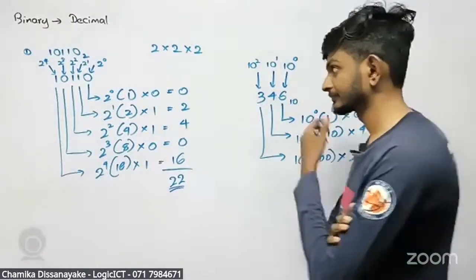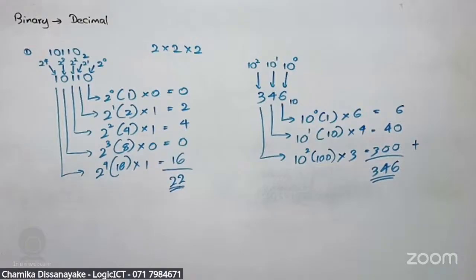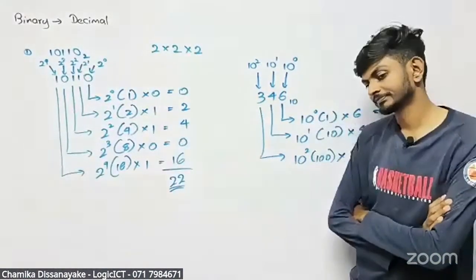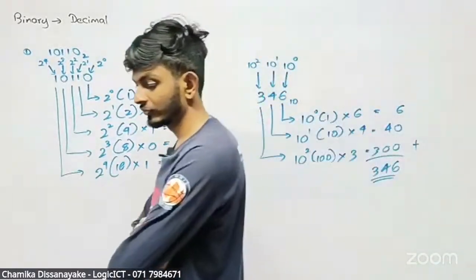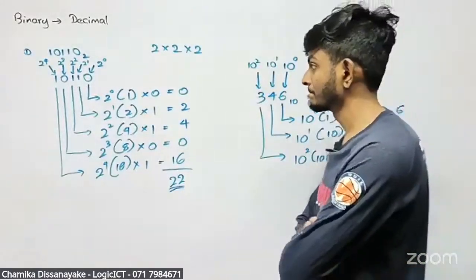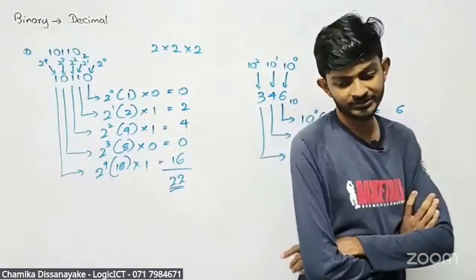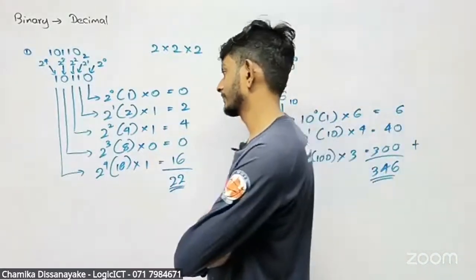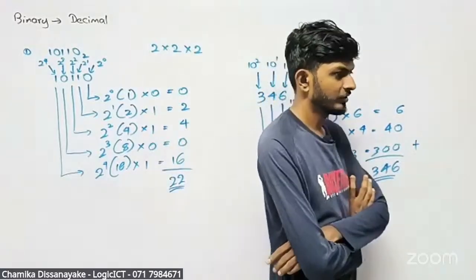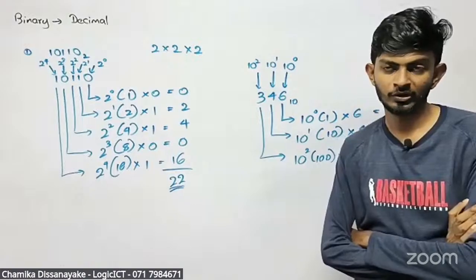Use the weighting factors of binary number and multiply the value of weighting factor by the corresponding value or a symbol, anything.